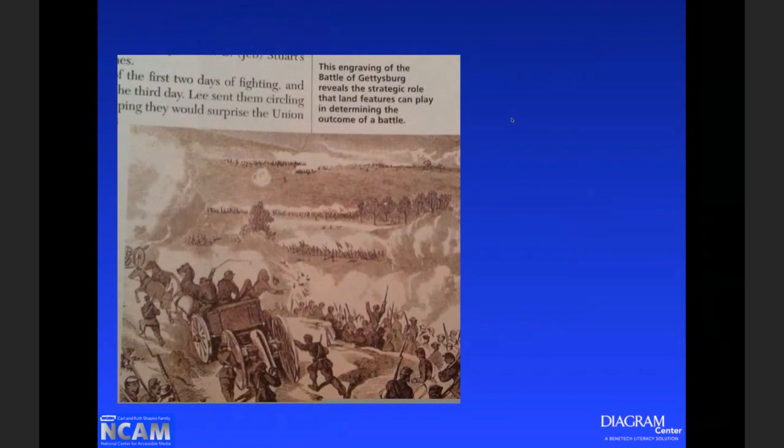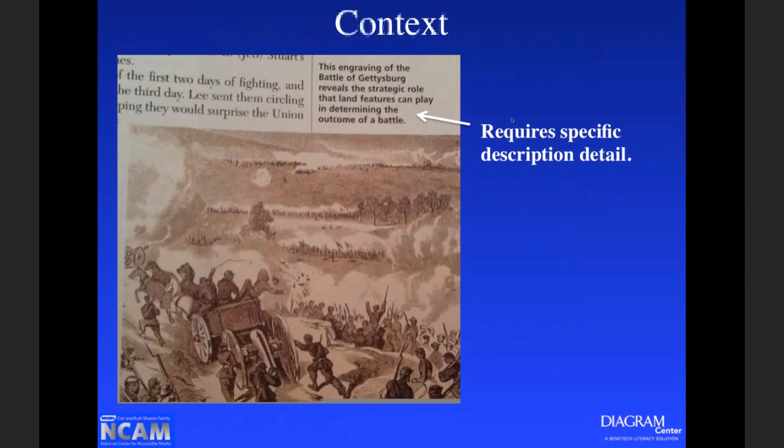Illustrations, again, know what they are in context. Here we have a Civil War engraving, and you might think you could just get away with, a battle scene or 2 sides of the army fight, and there's a lot of smoke in the field. But in fact, that's not the point of this image. If you read the caption here, it says, "This engraving of the battle reveals the strategic role that land features can play in determining the outcome of the battle."